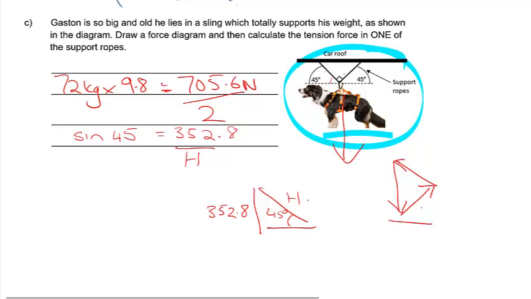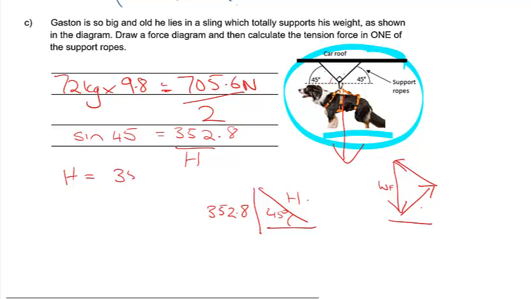Force diagram would be this. We haven't done them yet. This would be the weight force going down. This is using vectors, so I'm just interested in calculating the tension force. So sine 45 is going to be 0.7071.